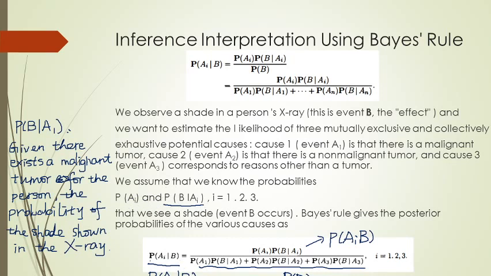And finally, you will notice that it's a probability, right? Even though maybe the shade is observed and the probability of the cause A3, something else rather than a tumor, is 95%, finally maybe the person will still be diagnosed with cancer. So we know that the probability is just by chance.